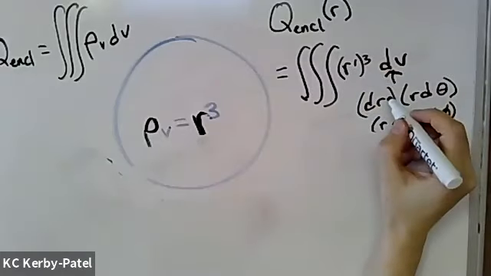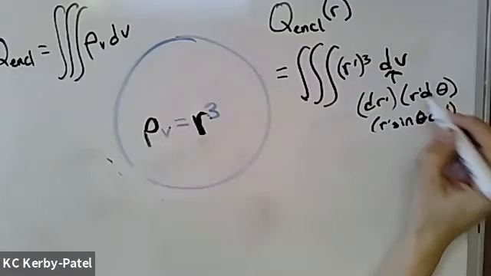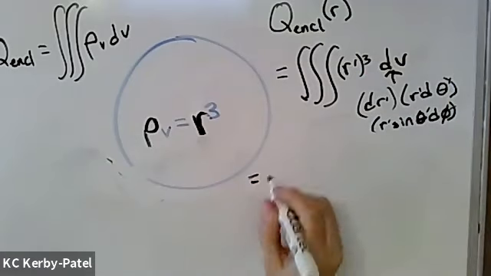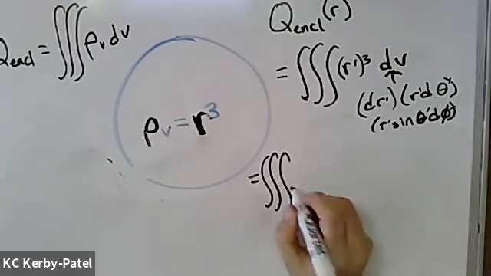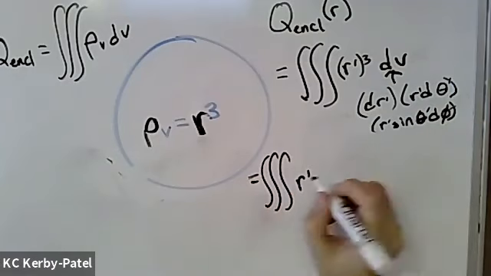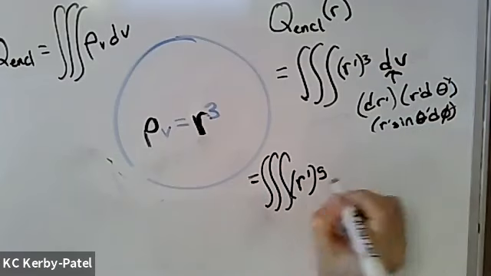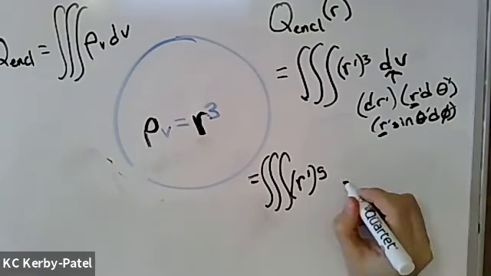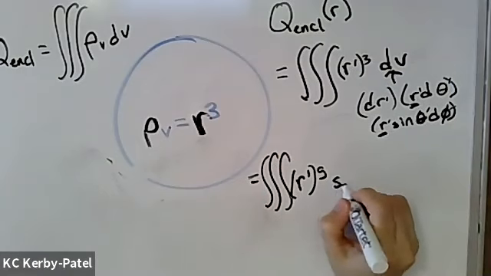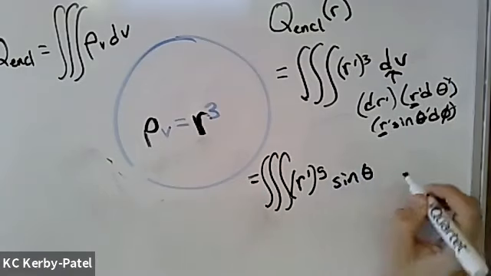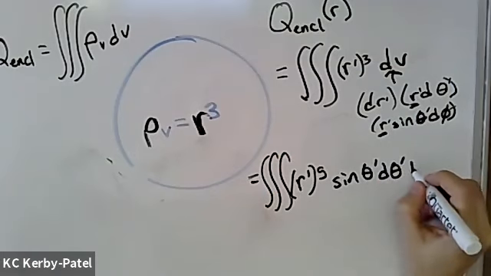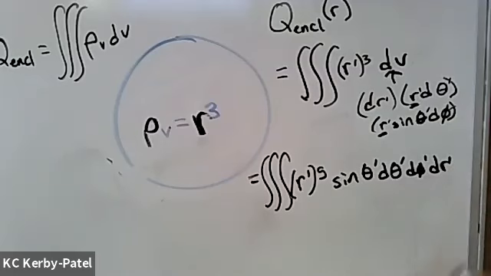Oh, all of these little r's need to be r prime because r prime is my variable of integration here. So now my new integral looks like r prime to the fifth, because I got another factor of r prime and another factor of r prime over there, sine theta d theta prime, d phi prime, d r prime.